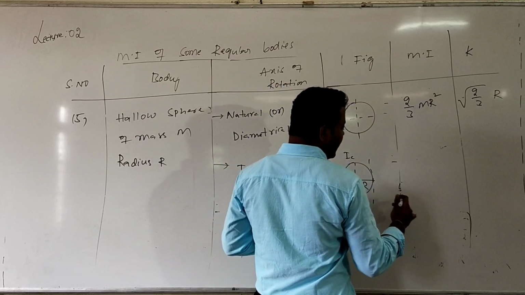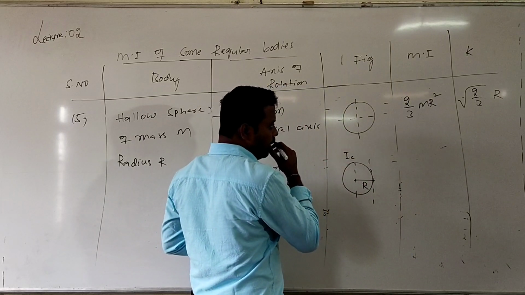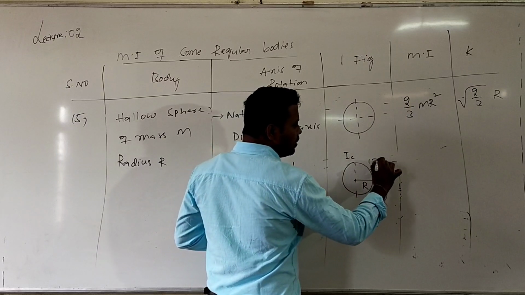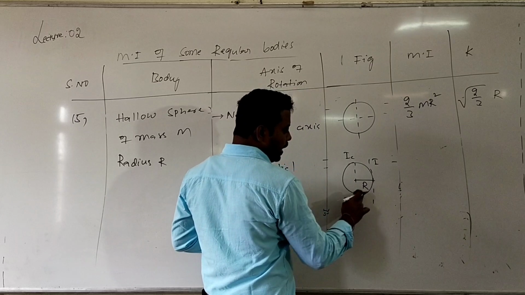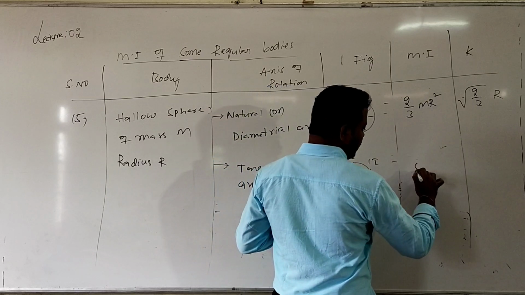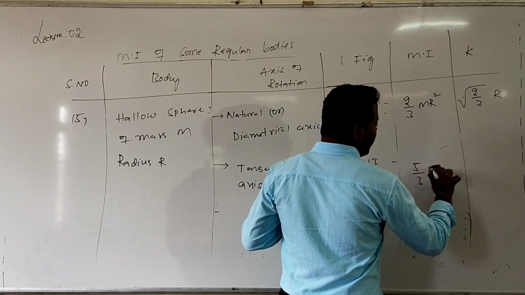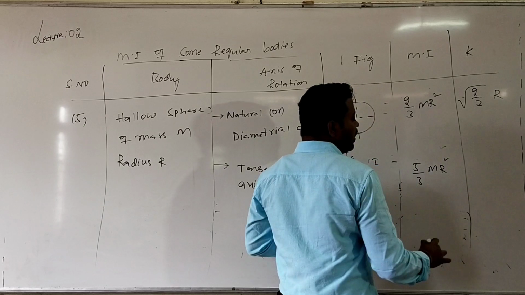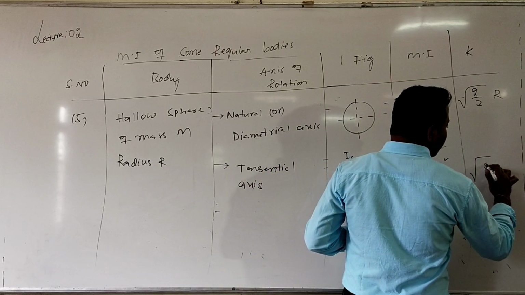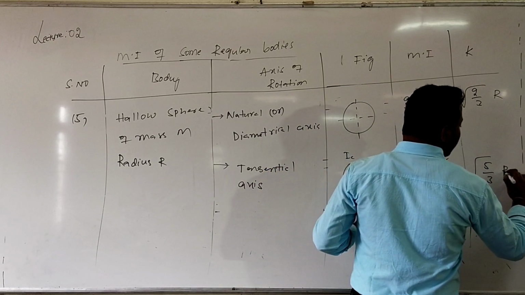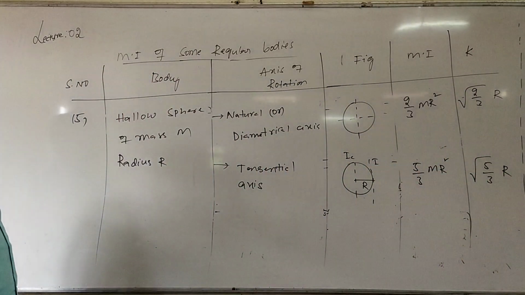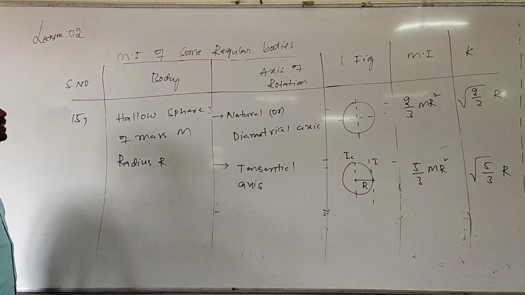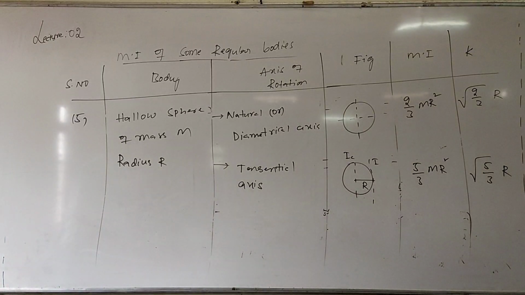So according to the parallel axis theorem, I is equal to IC plus MR square. So 2 by 3 MR square plus MR square, I will get the answer 5 by 3 MR square. The radius of gyration is given by root over 5 by 3 into R. Understood? This is for the hollow sphere of mass M and radius R.